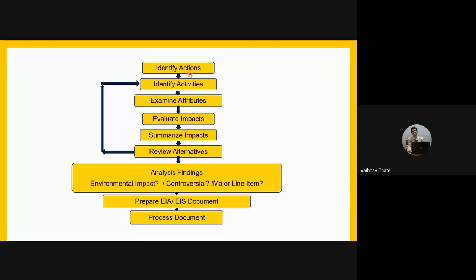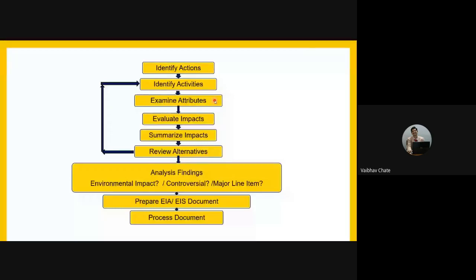So when I'm talking about the activities related to a project, the action is nothing but the project. A project will have several activities. It might be with respect to site access, it might be with respect to support facilities or site preparation, or it might be related with excavation, quarrying, foundation, or construction related activities.